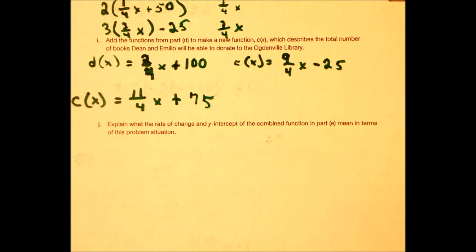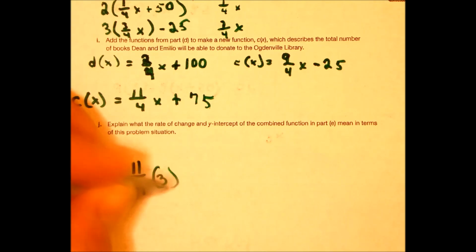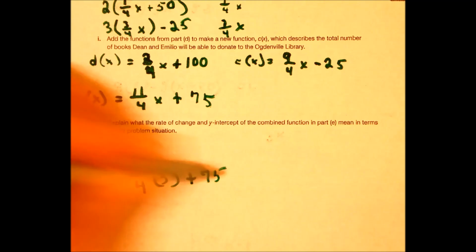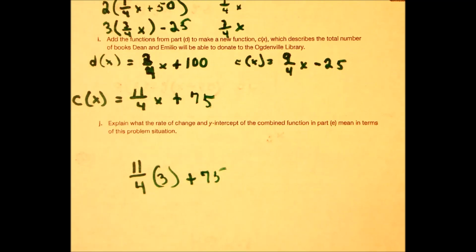So if I were to say, okay, 3 books were donated. Okay, so if we put 3 books into that problem, you'd have to be very careful, because now remember, this has absolutely nothing to do with this question. This is to check to see if people are listening.